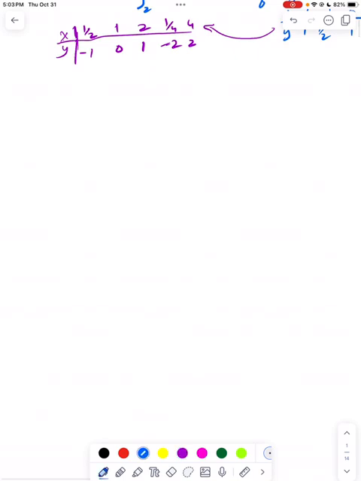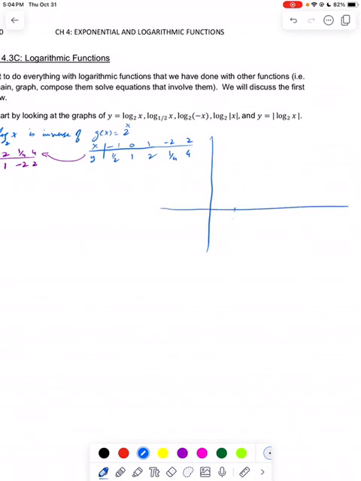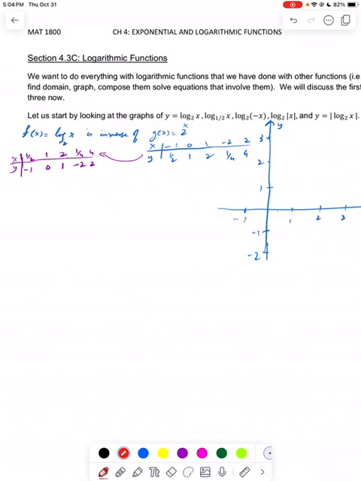So now we can try to graph it. When you graph this function, let's plot the points. We have at 1/2 the function at -1.